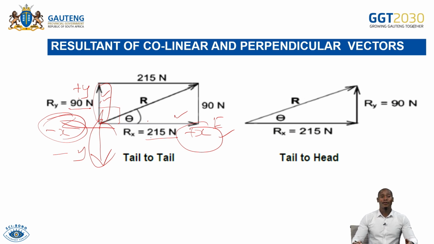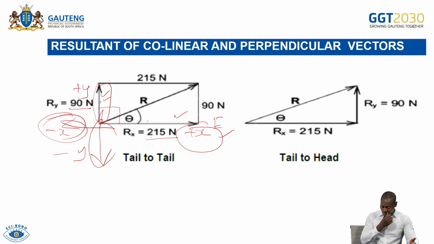But again, for this scenario, there's no way that you can just say the resultant of these two perpendicular forces is going to be Ry plus Rx. We don't add if those forces are not along a straight line. What do we do if forces are perpendicular to each other?